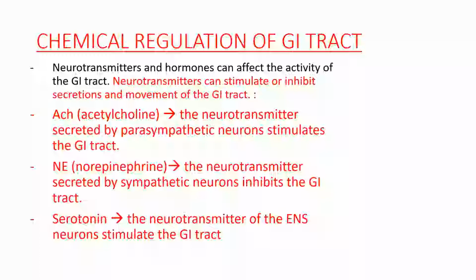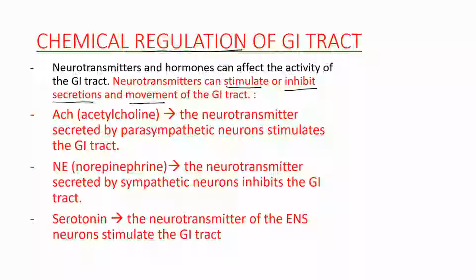Remember that the response of the GI tract is going to be that of secretion and movement. Regulation of GI tract activity involves either a stimulation or inhibition of these two activities, secretions and movement.